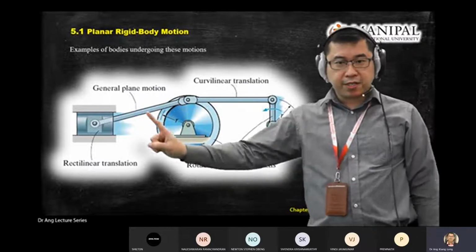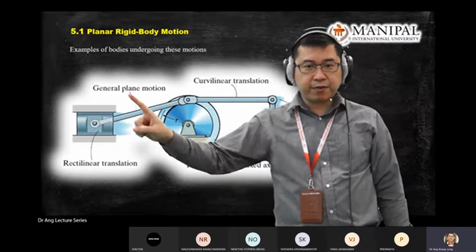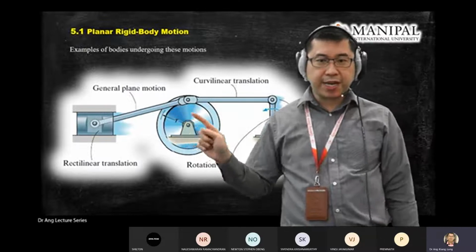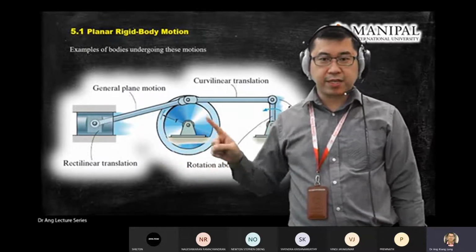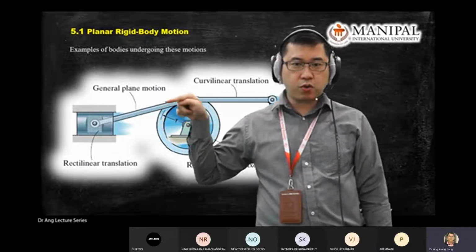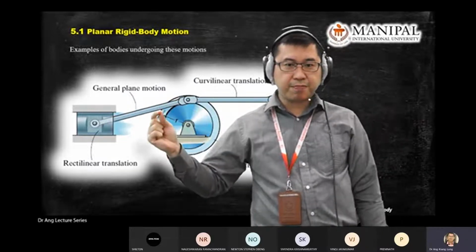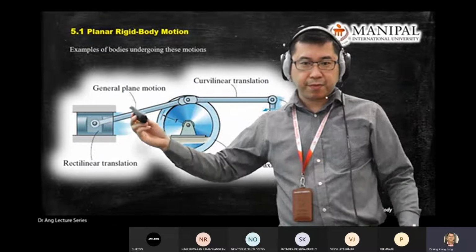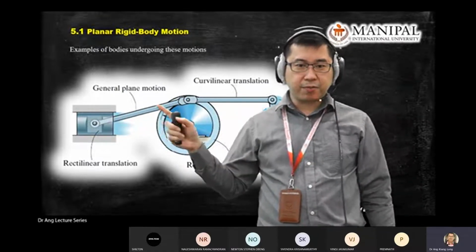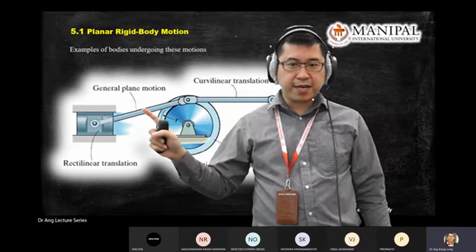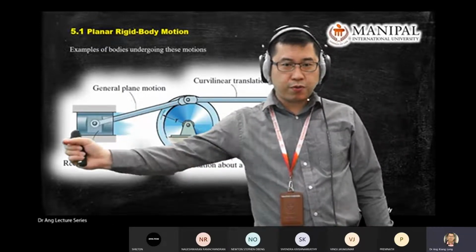This part gives you general plane motion, because as this one rotates, this one goes in translation. Let me orientate myself. This part goes front and back.